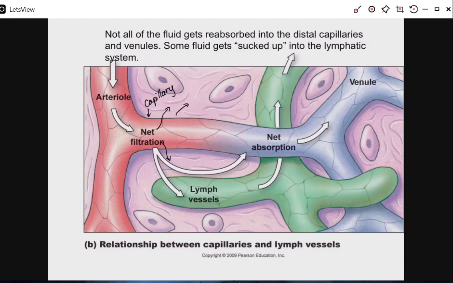And then as blood moves downstream towards the distal end of the capillary, the blood pressure drops, and that tends to draw fluid back in. But not all of the fluid goes back into the distal part of the capillary. Some of the fluid goes instead into the lymph system.